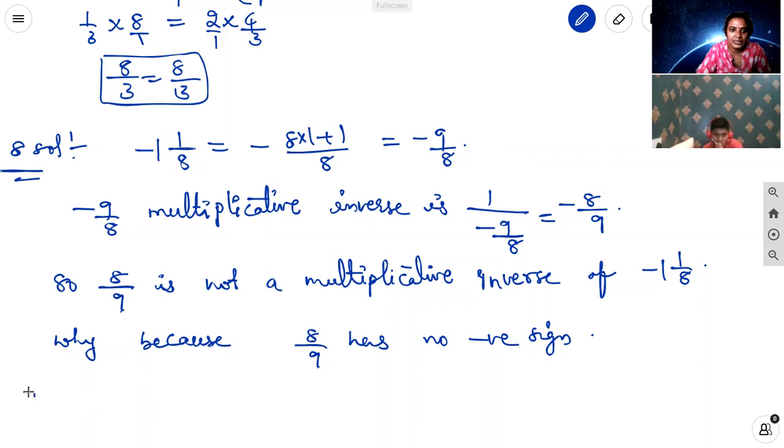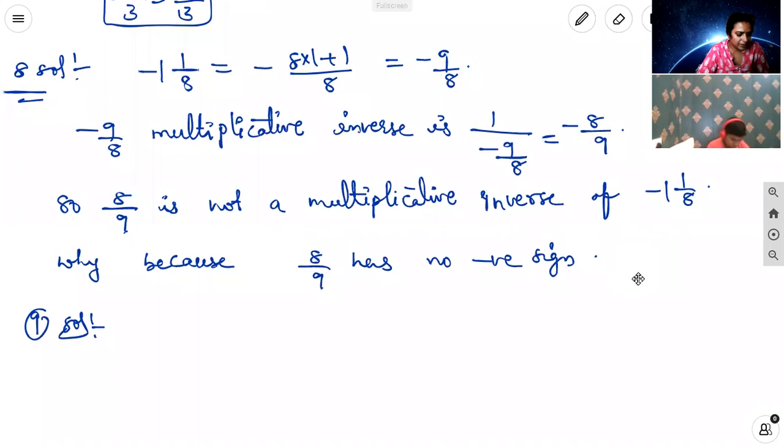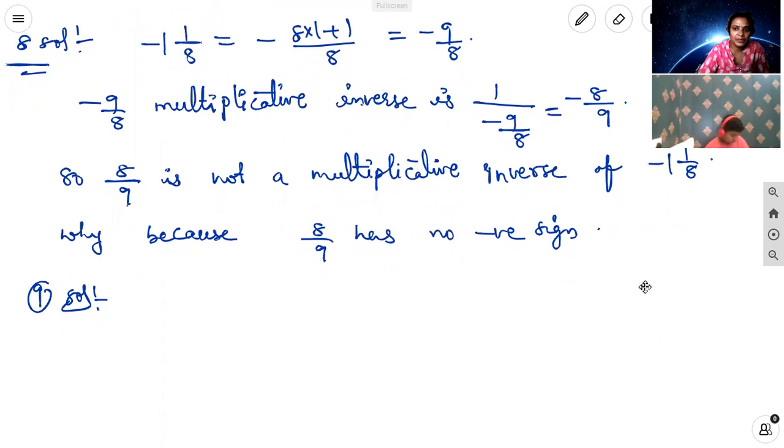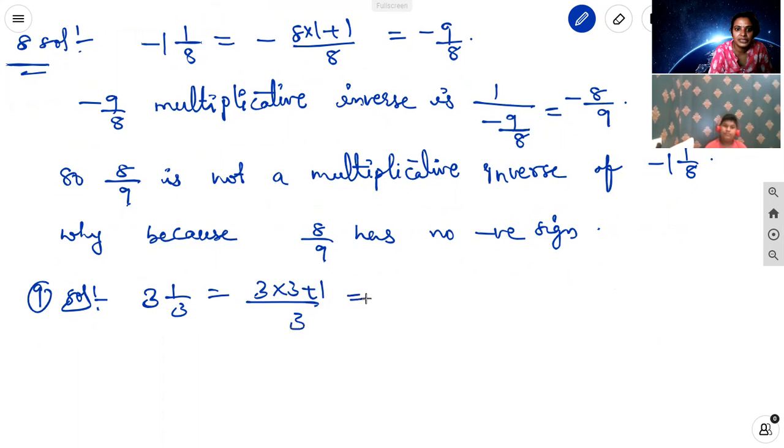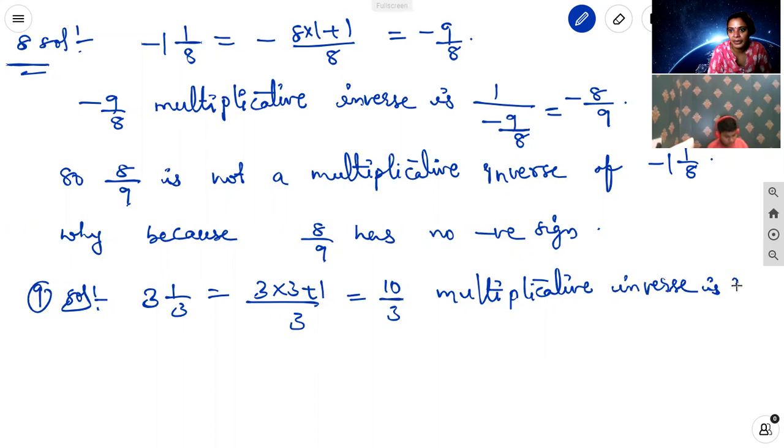Okay, the ninth solution is also similar. Here what they are asking is whether 0.3 is the multiplicative inverse of 3 1 by 3. 3 1 by 3 is equal to 3 into 3 plus 1 by 3. That is equal to 9 plus 1, 10 by 3. 10 by 3 multiplicative inverse is 3 by 10.